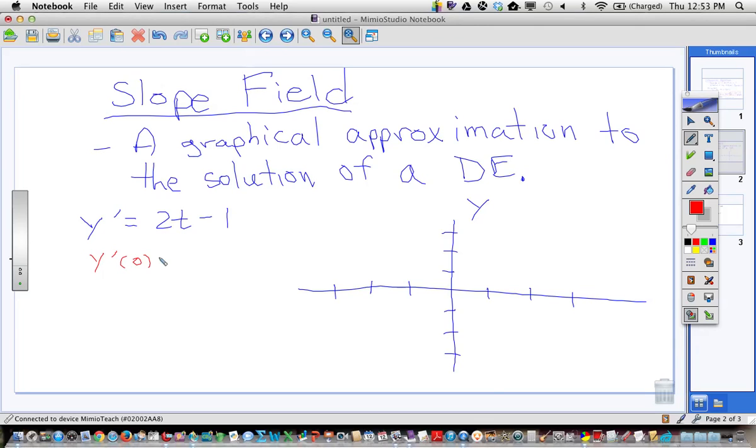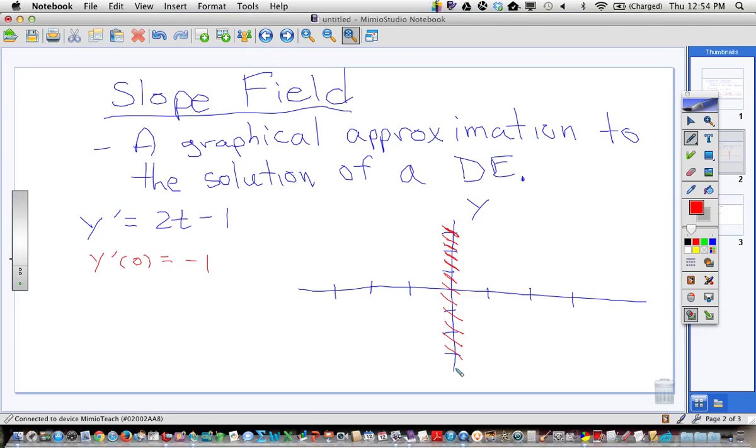So I could actually do y prime of 0. I could plug a 0 into this differential equation. And what would you get out? -1. What's that tell you about the y graph? Its slope at 0 is -1. I don't know where the y graph is, because remember we talked about that earlier, but I know that if the y graph goes through here, if t is 0, it's going to have a slope of -1.